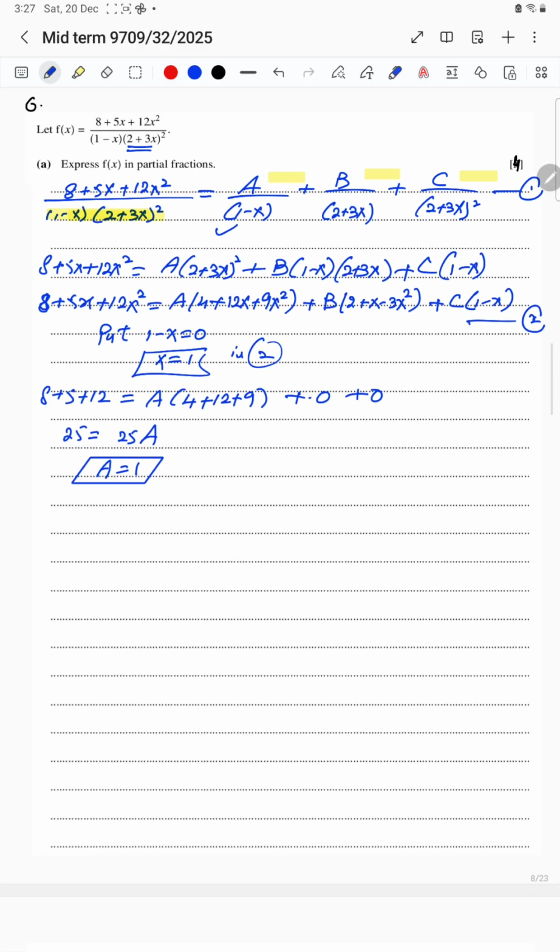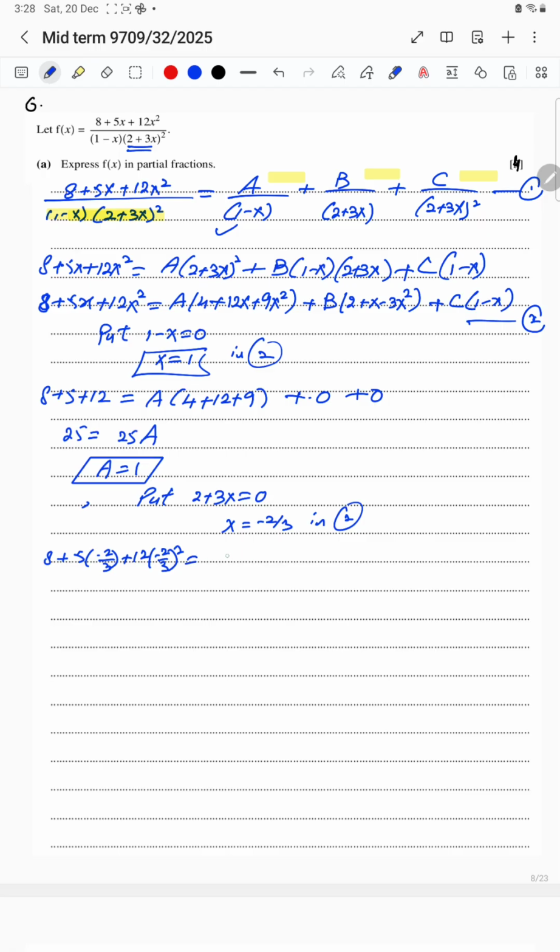Similarly, you can replace using the denominator of b. Put 2 plus 3x equal to 0, meaning x will be minus 2 by 3. We will get 8 plus 5 times minus 2 by 3 plus 12 times minus 2 by 3 square.